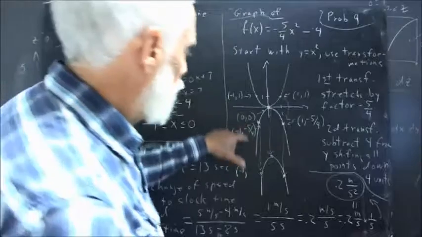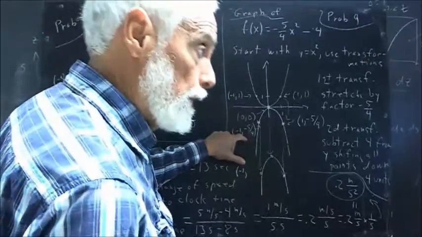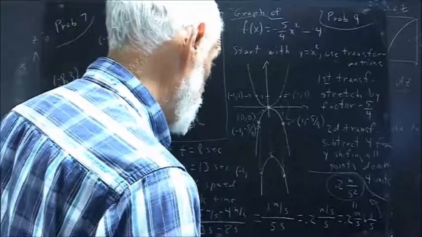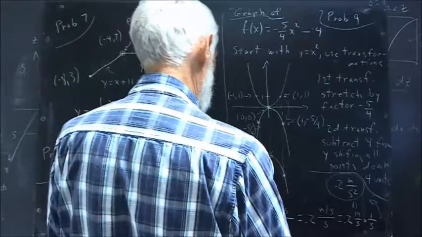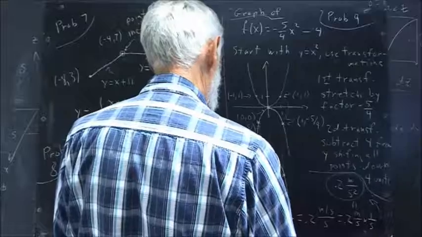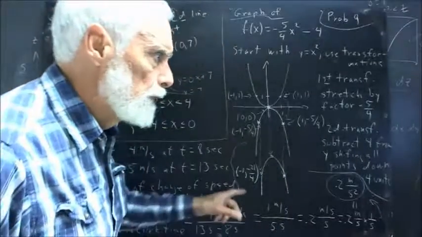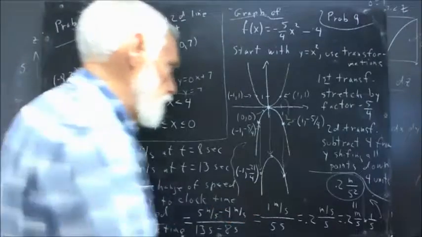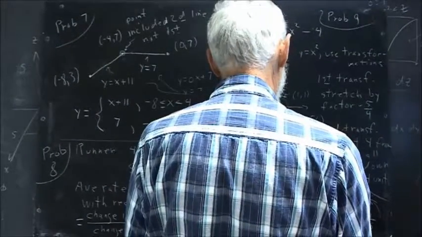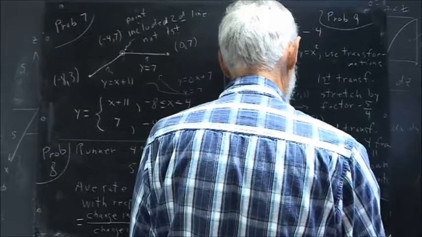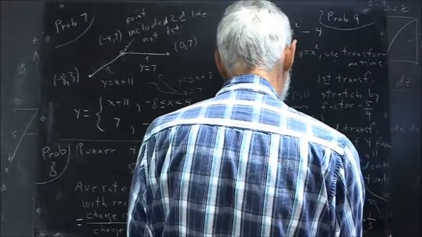Now, if we move down from 5/4, which is 1 1/4, if we move down 4 units, that puts us at -5 1/4, which is -21/4. Things are a little crowded here, but I've tried to write that pretty clearly. And here we're at 1, -21/4.